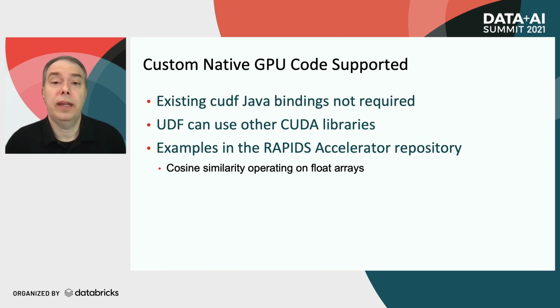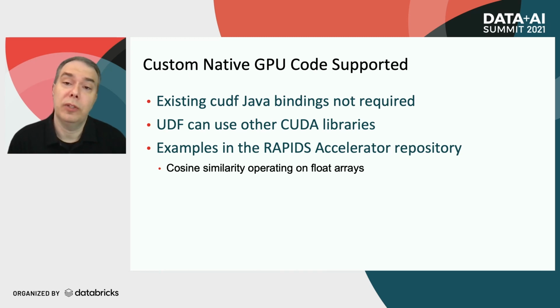It's important to note that in that example I showed, we were using the cuDF Java bindings made for a really short example for this presentation, but you're not limited to just Java bindings that are in cuDF. Arbitrary custom native GPU code could be supported with this. You could use other CUDA libraries.